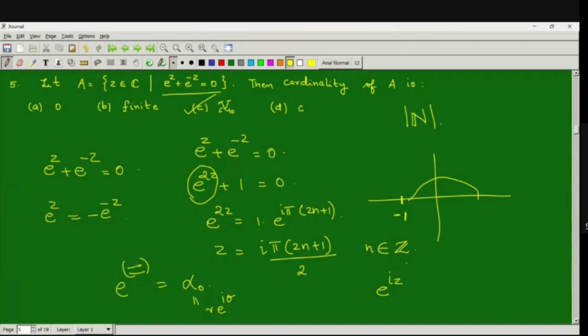So here it is cos iz, 2 cos iz, and we are asking about the zeros. In fact, we are not mugging up; the proof comes exactly like this. But for the NET exam, you have to remember such things. Don't do such calculations.